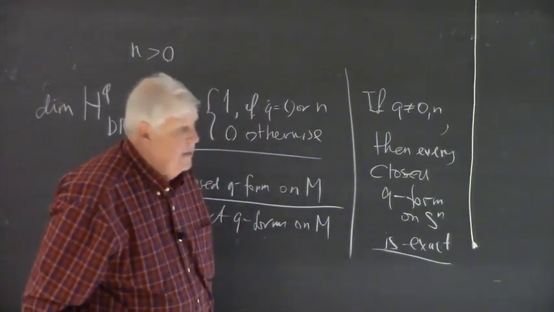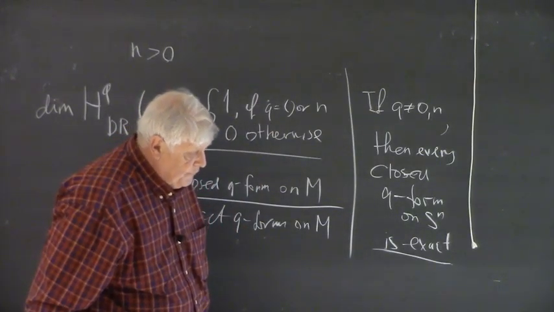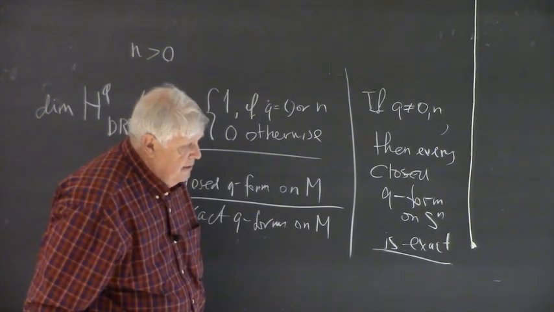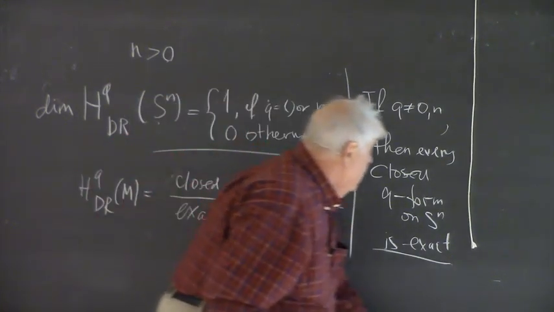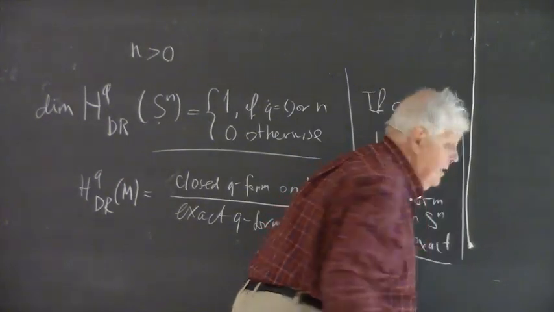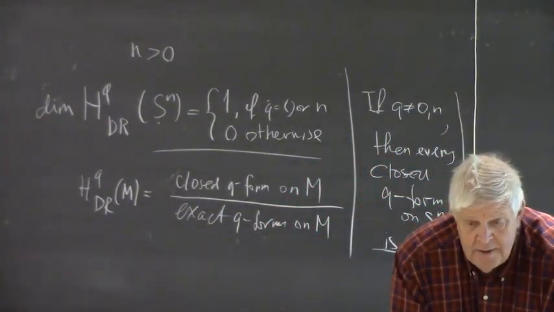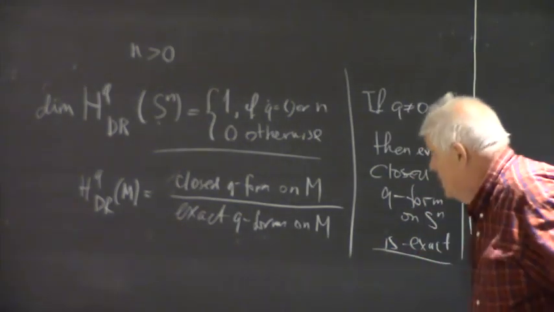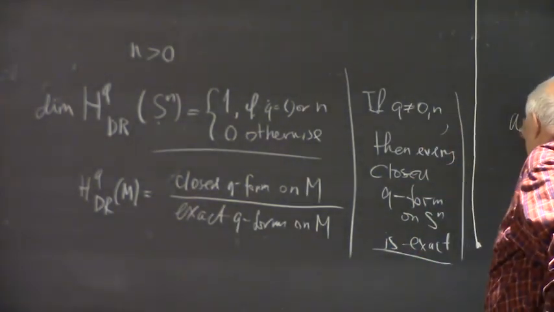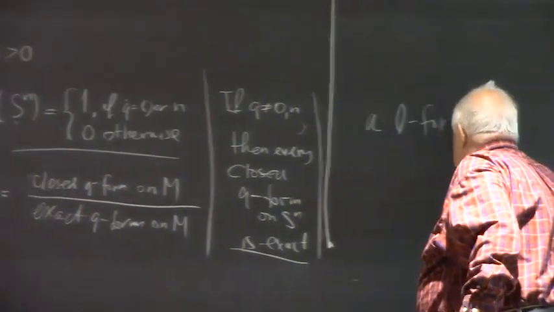As to the cases when q is 0 or n, something else can be said. First, if q is 0, in this case, the sphere is not very much different from other manifolds, because a 0 form is a function.